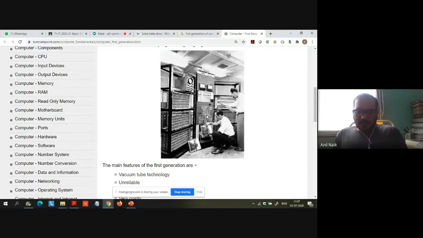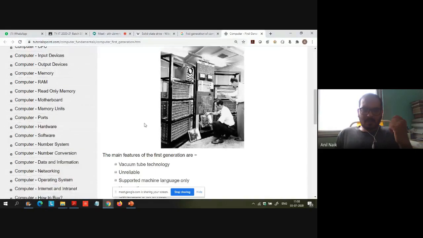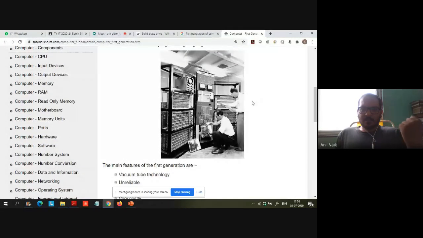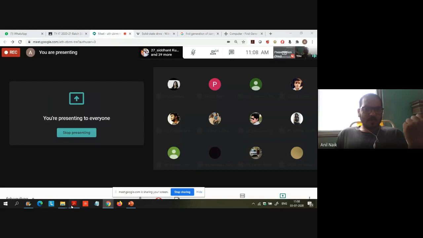Also, if you face any problem in the middle, if it is not audible or any other problem, you can interrupt me. These are some large size computers. The person goes inside and does some maintenance. These devices consume a lot of power, and cost is also more.